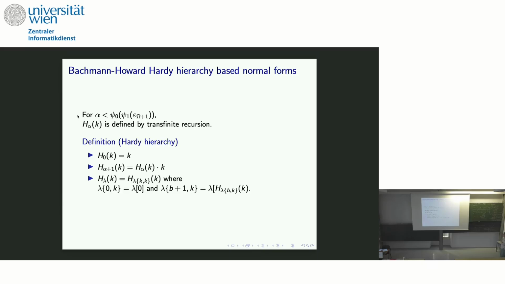So what I want to do is I want to use this Hardy-like hierarchy to write natural numbers. And well, it doesn't look like the usual Hardy, but this is what works for us. And this is the only unusual case.